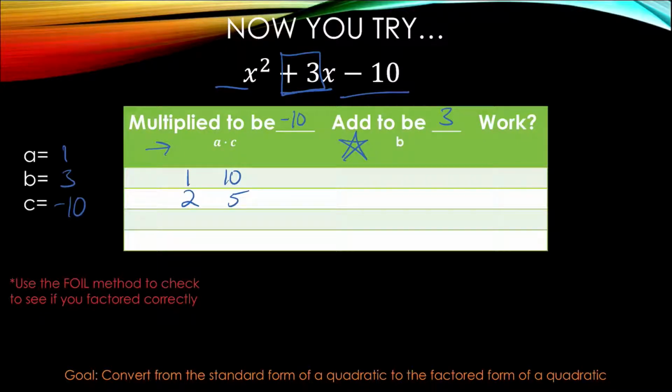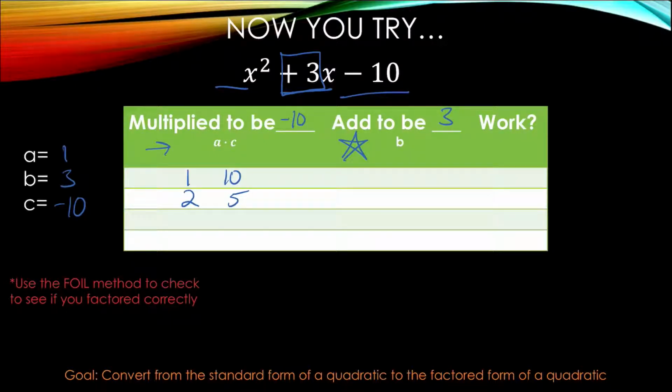So I know that if I want to add them together and have it stay positive, my bigger number has to be positive, because if my bigger number is negative, when I add the two numbers together, then my resulting answer will be negative. But if my bigger number is positive, then the resulting answer will be positive.